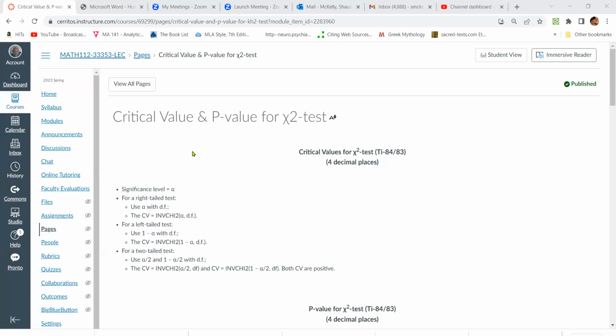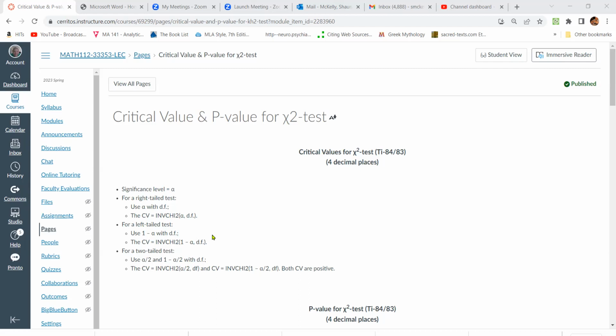Remember, the critical value applies when we're doing the traditional approach, and the p-value applies when we're finding p-values. We have instructions for a right tail test, a left tail test, and a two-tailed test. Pretty straightforward, pretty similar to what we did in chapter 7, but they're here. Remember we have two of those.